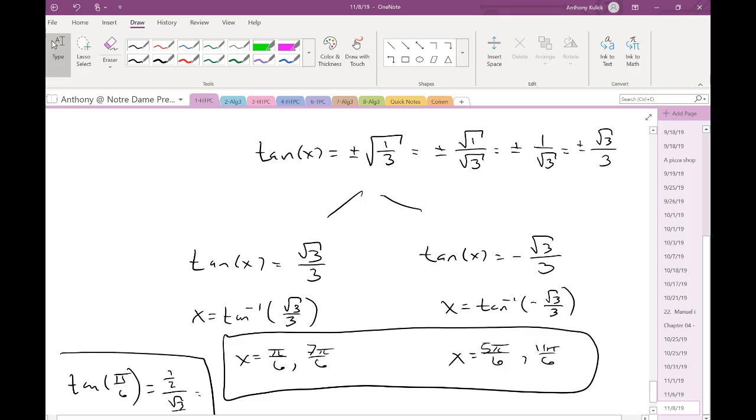So you do have to be a little bit careful. It has to do with a transformation that changes the period of my function, where I can get more than one period between 0 and 2 pi. Remember when we graph things?